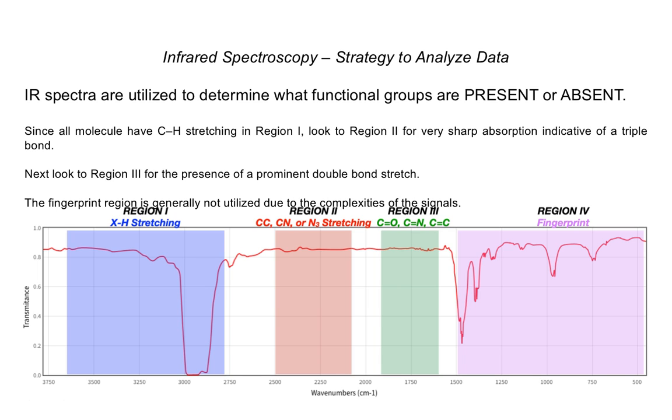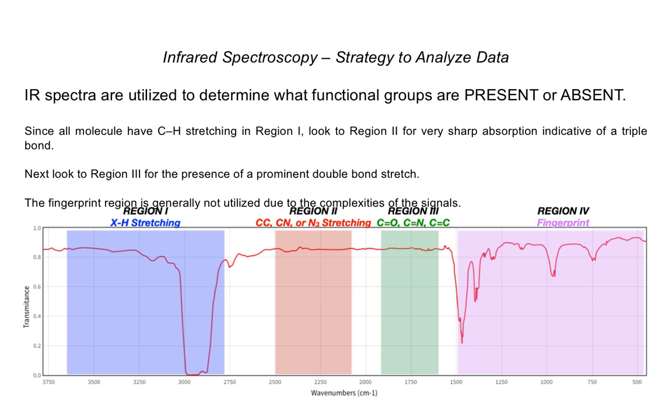So you can look to region 1, region 2, region 3. I myself really go to region 3 first to see if there's a carbonyl. If it's not there, then you can eliminate a lot of functional groups.